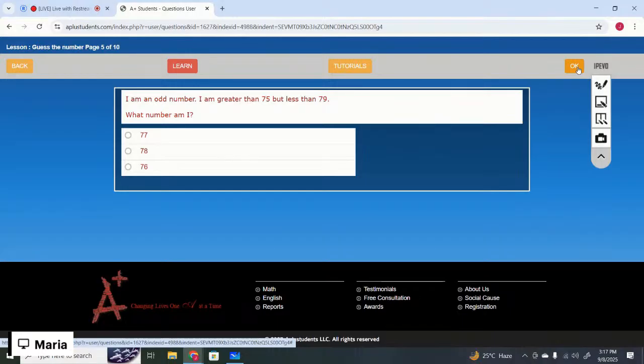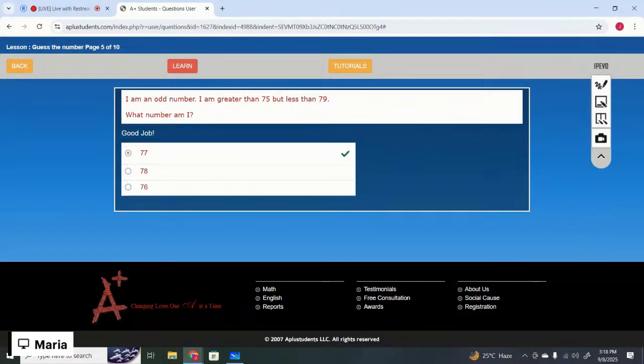I'm an odd number. I'm greater than 75 but less than 79. Between 75 and 79, odd it is. Then 77 it is. Option number 1 is the correct option.